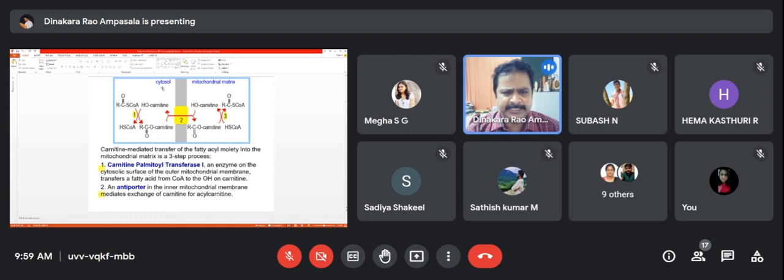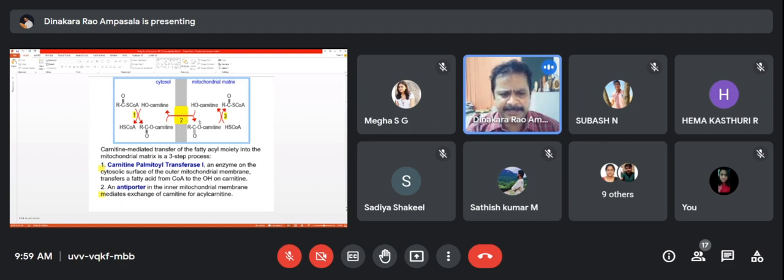Here you can see in the cytosol, acyl-CoA is formed and carnitine palmitoyl transferase is present. This interacts with acyl-CoA and makes carnitine acyl molecule. This carnitine acyl molecule interacts with the antiporter and is transferred through the inner mitochondrial membrane into the matrix.